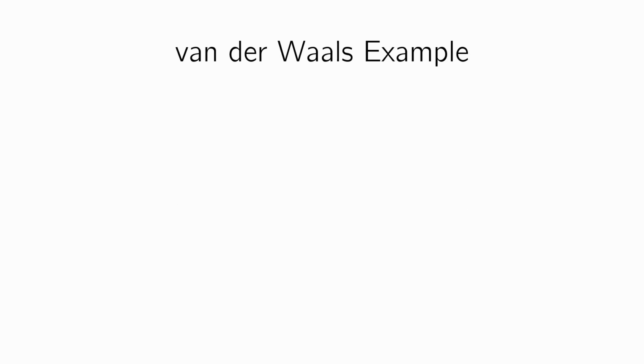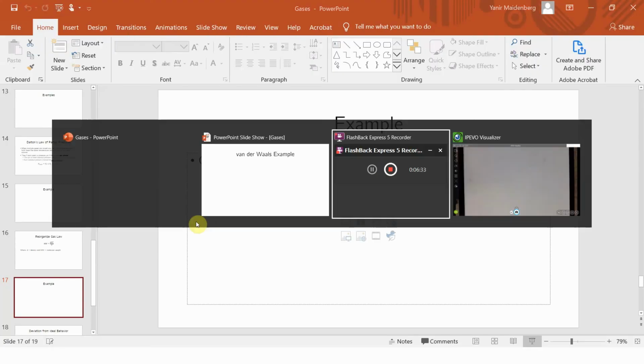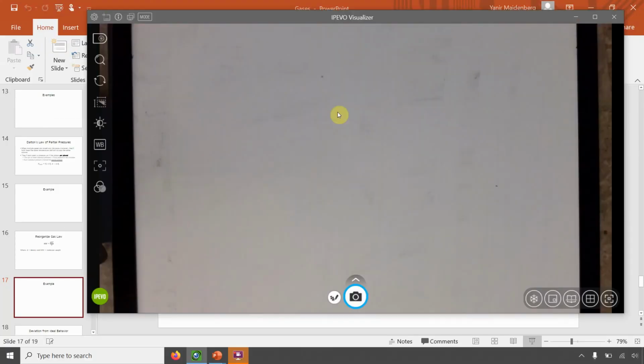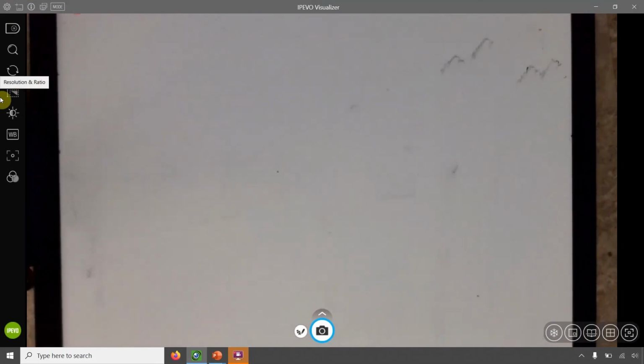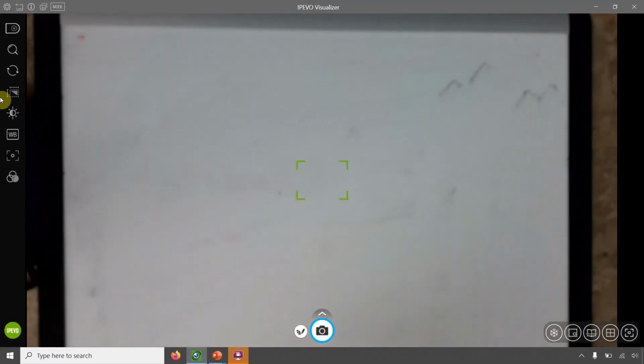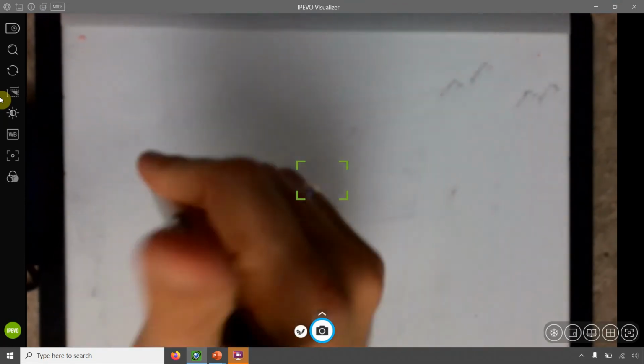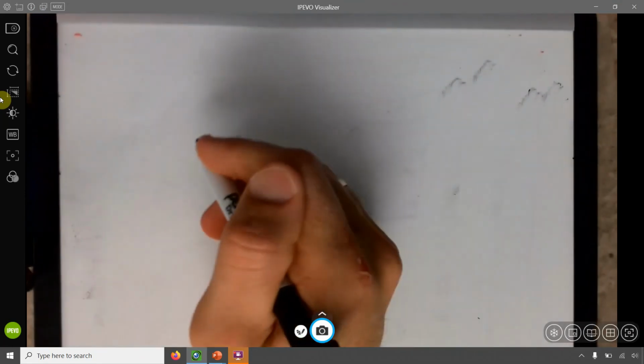So let's look at an example of a van der Waals equation of state being used. Okay. Sorry about that. There we go. And here, I'll do this on the whiteboard. What I want to do is we're going to calculate together the pressure for an ideal gas and for a van der Waals gas at the same time and compare them side by side.